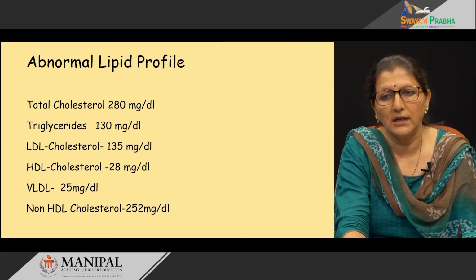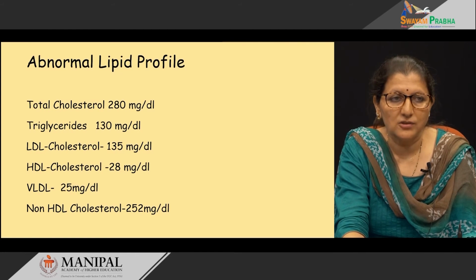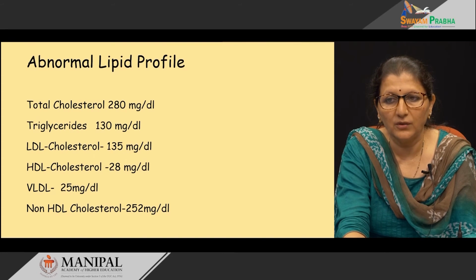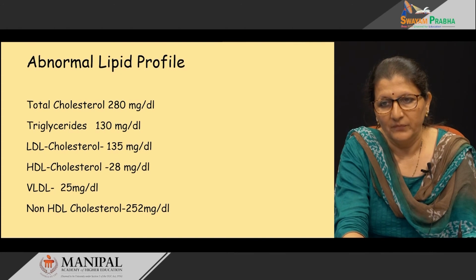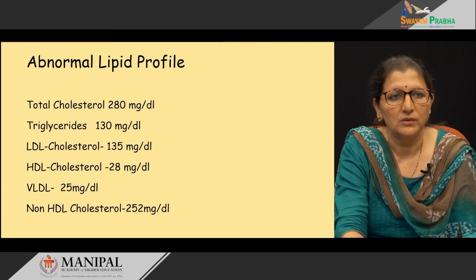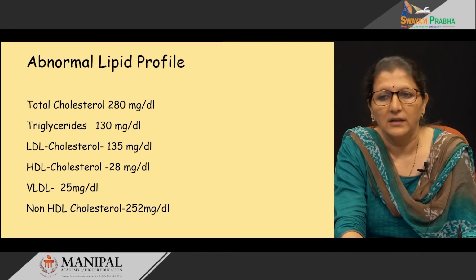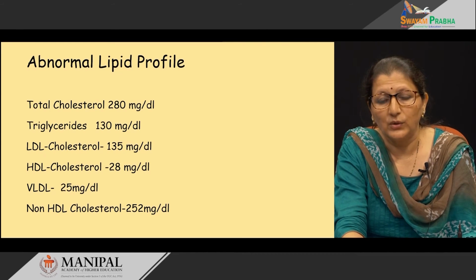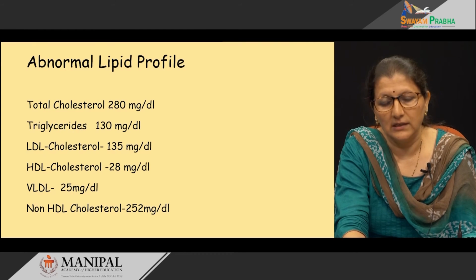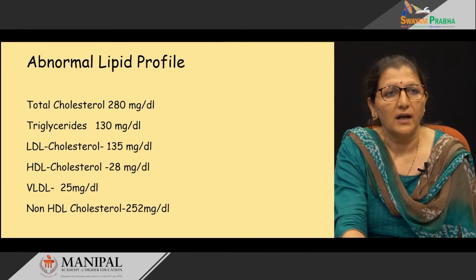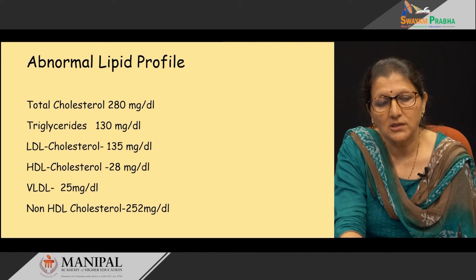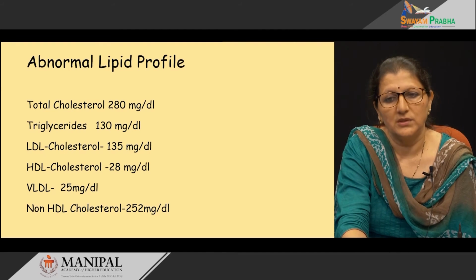So, what is the treatment? What are the targets of the treatment? We have to bring down the total cholesterol from 280 to up to 200. Triglycerides are normal, so we need not treat the triglyceride level; we have to target the cholesterol and also the LDL cholesterol, which is high.